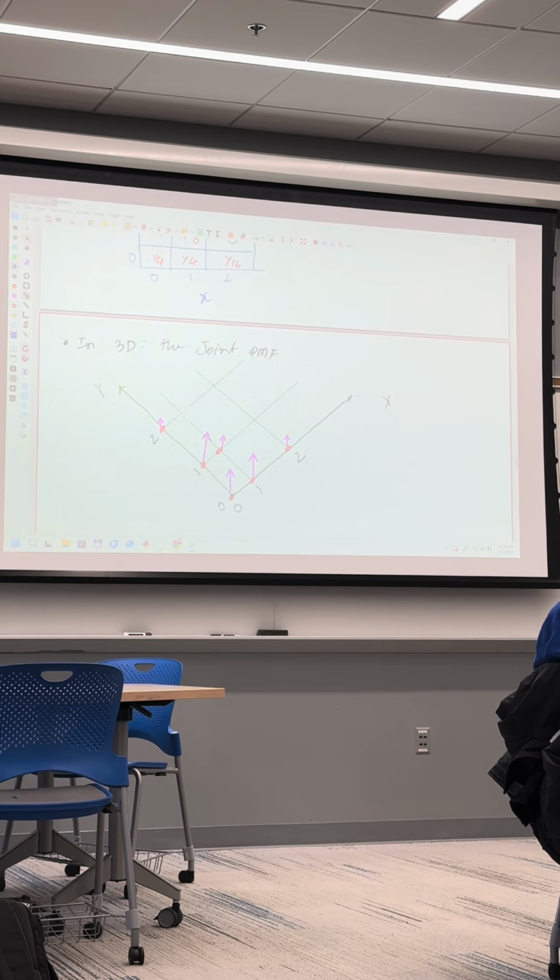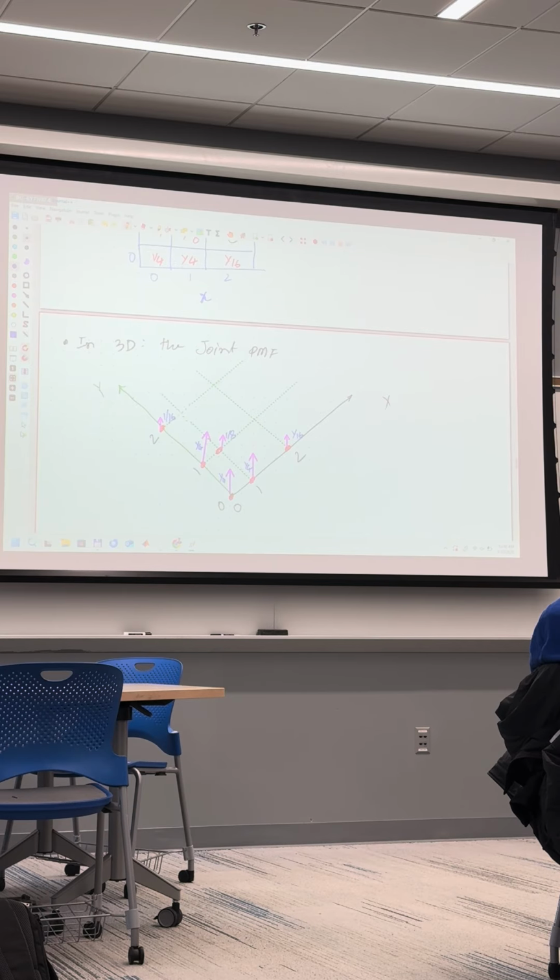This is 1/4, 1/4, 1/4. This is 1/8. This is 1/16, 1/16. You see that? So that is the answer.